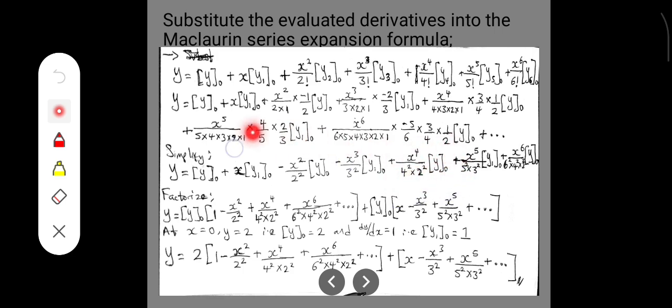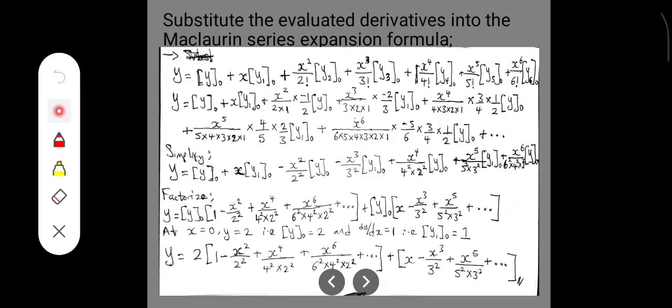Plus for s power 5, 4 and 2 cancel out in the denominator, we are left with 5 multiplied by 3, and 5 multiplied by 3 twice. So that's how I write it out like this. And for the last term, s power 6, it has a denominator of 6 power 2 multiplied by 4 power 2 multiplied by 2 power 2, multiplied by y of 0.